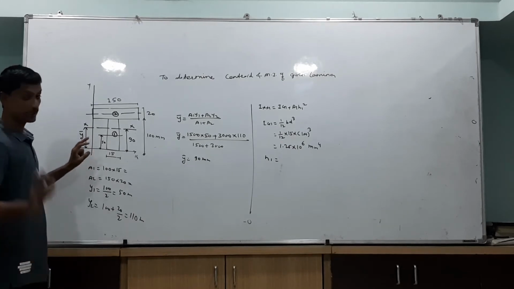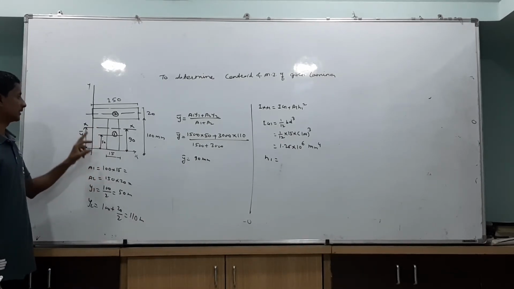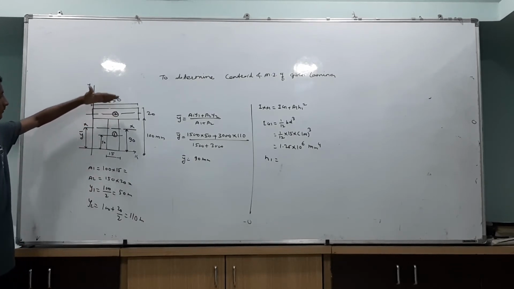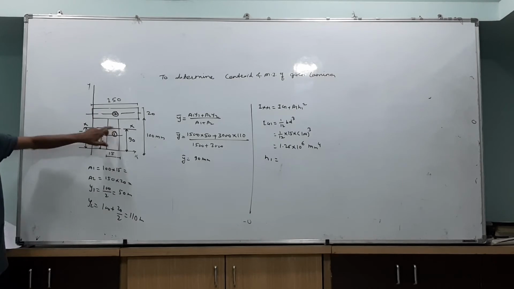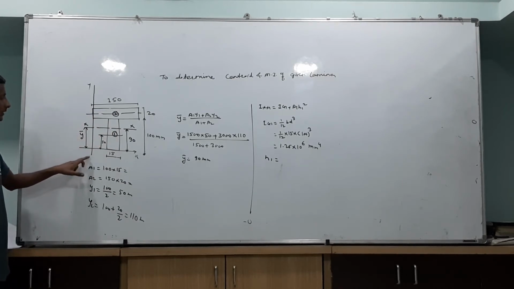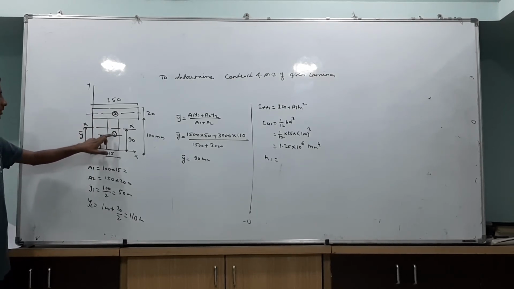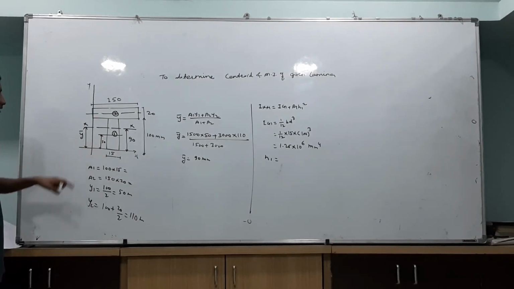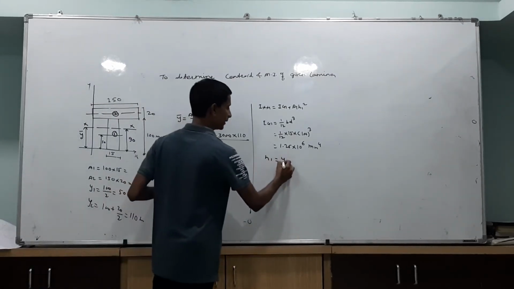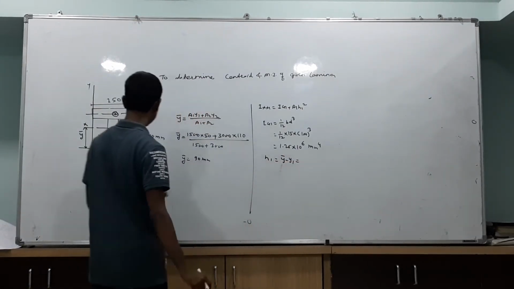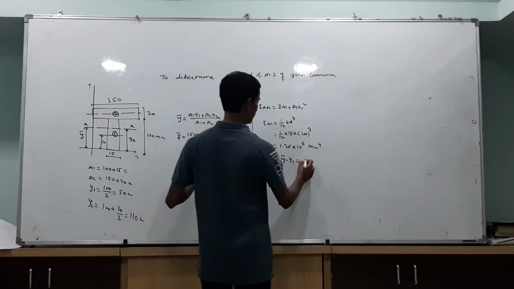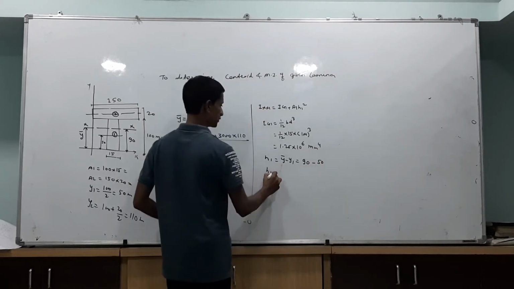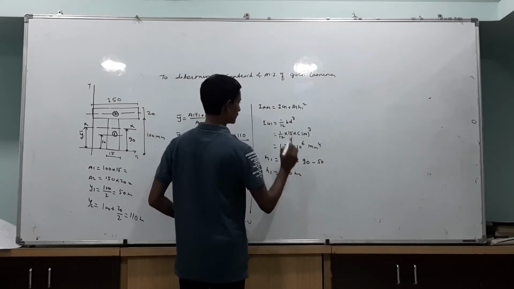So again I repeat, H1 is the distance between the central axis of the given plane lamina, that is y bar, and the central axis of area number 1 or the rectangle 1, that is y1. So H1 is equal to y bar minus y1. We have calculated y bar is 90 and y1 is 50. So H1 is equal to 40 mm.